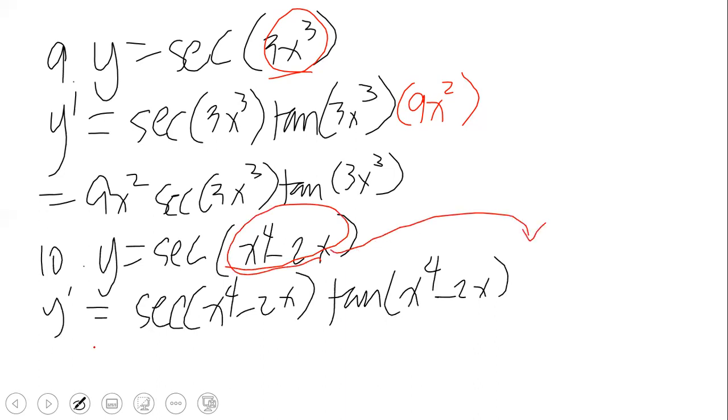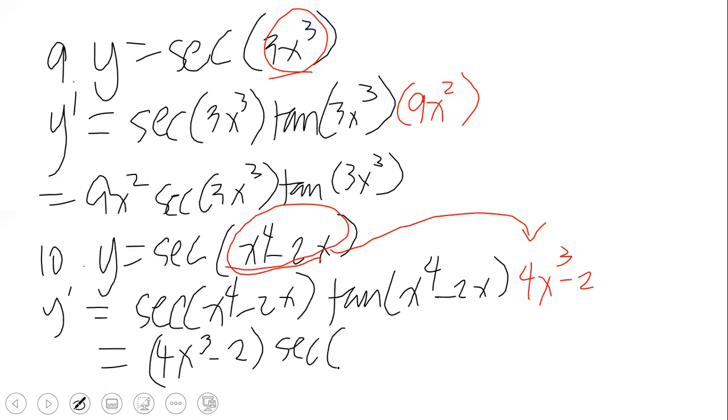So the derivative of angle, which is 4x cubed minus 2. So rewrite natin lahat. So therefore, this will be 4x cubed minus 2. Tapos yung trigonometric derivative natin, secant angle x to the fourth minus 2x. Tapos you also have the tangent x to the fourth minus 2x.